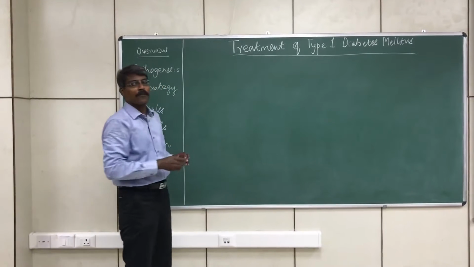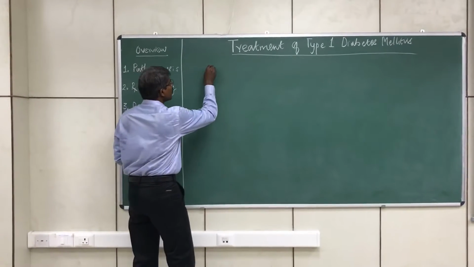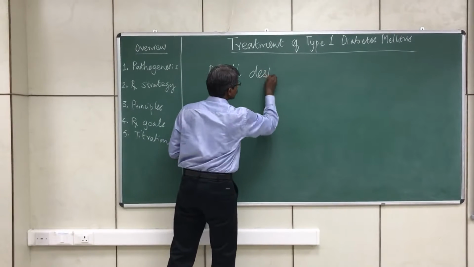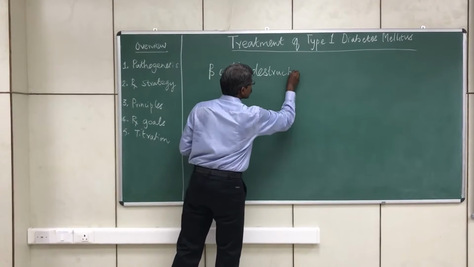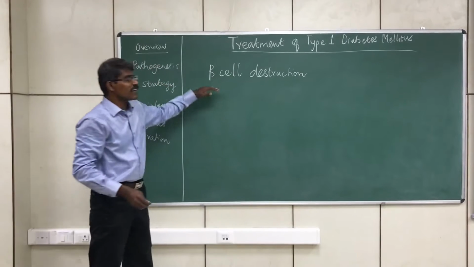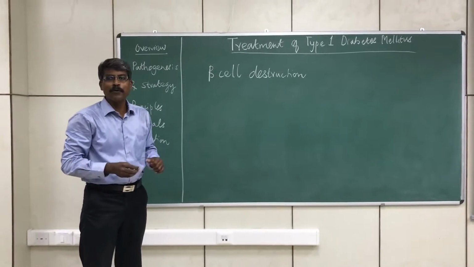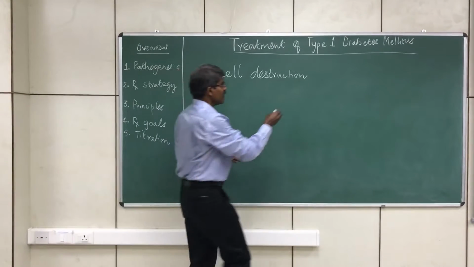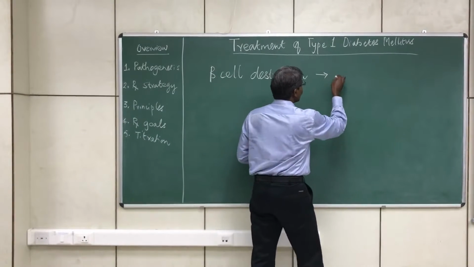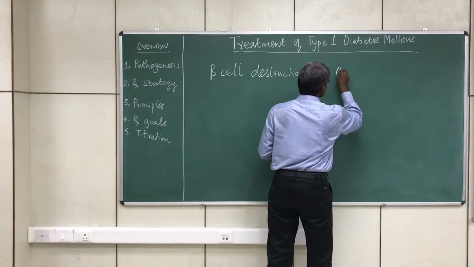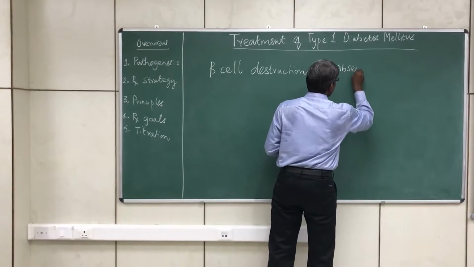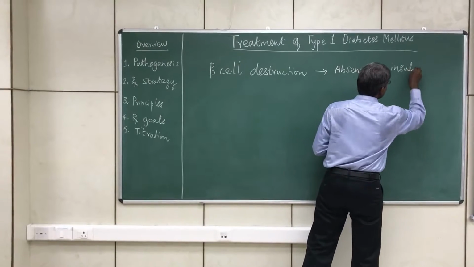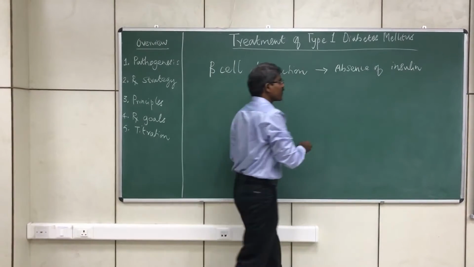Now if you look into type 1 diabetes, there is beta cell destruction. This beta cell destruction is immune mediated, and because of this beta cell destruction there is near total absence of insulin secretion.